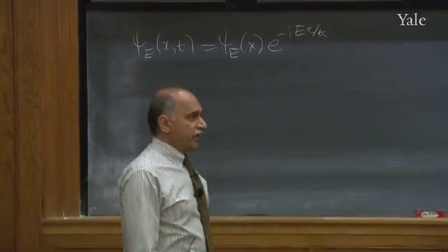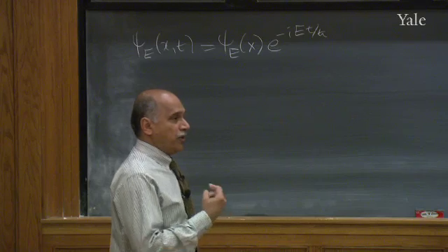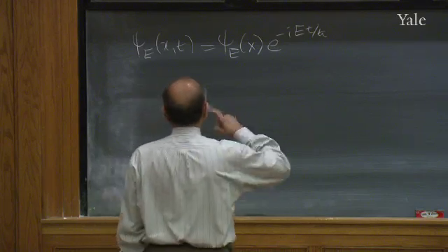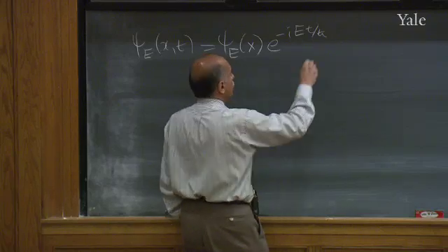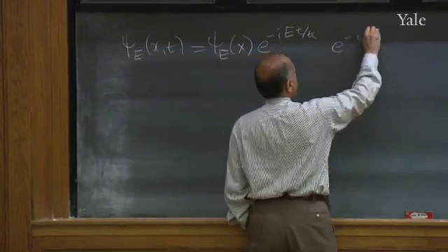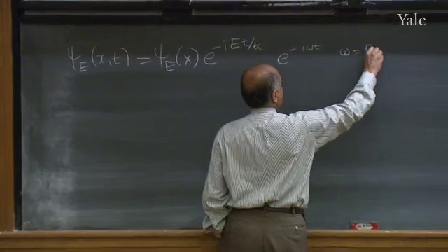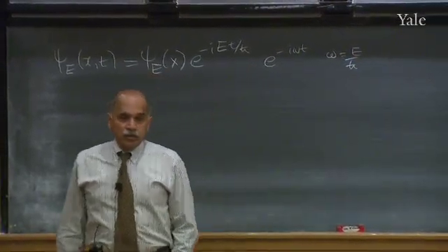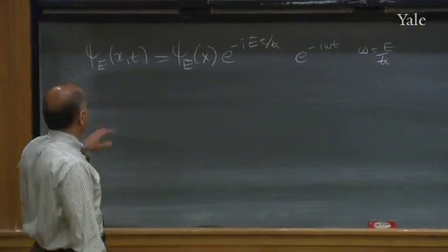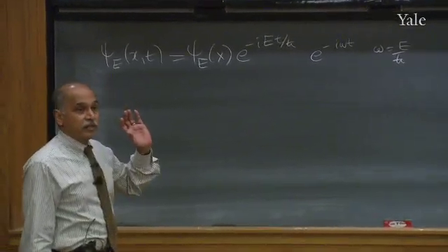You know the particle has definite energy if you observe the wave function and it oscillates in time. You can write this as e to the minus i omega t, where omega is E over h bar. So a particle that has been in that state forever has a well-defined energy.